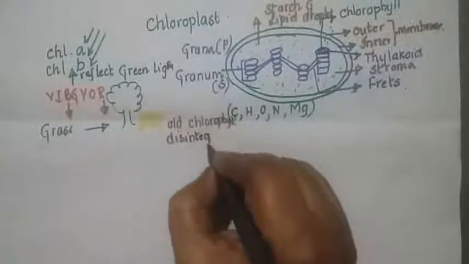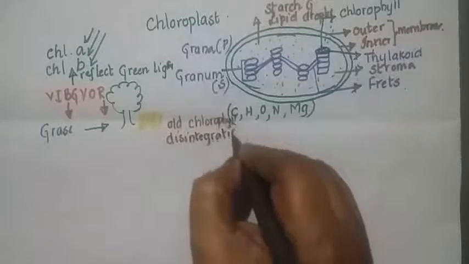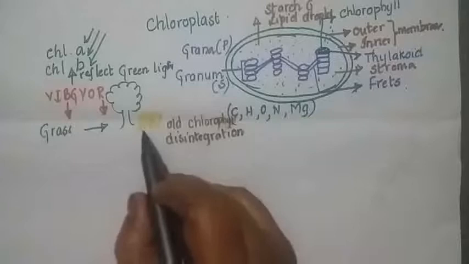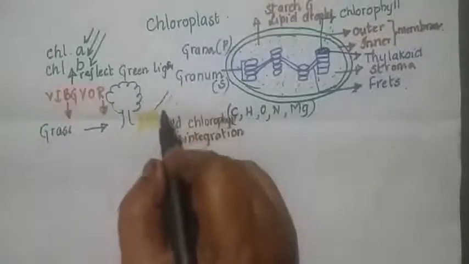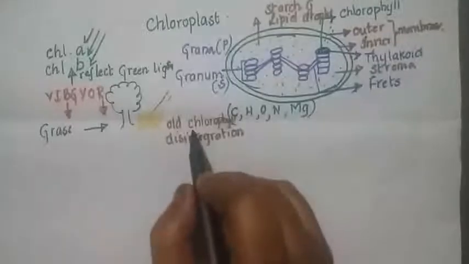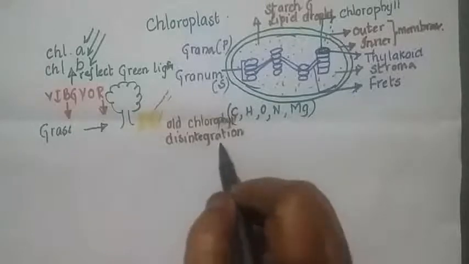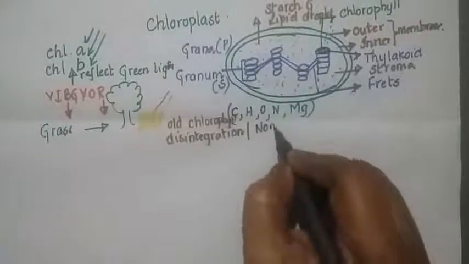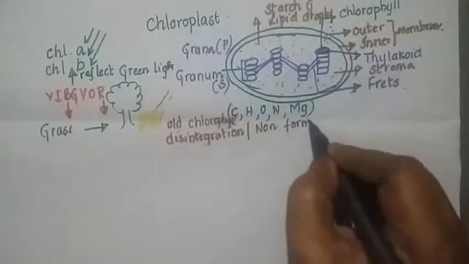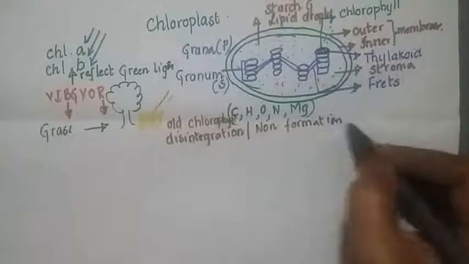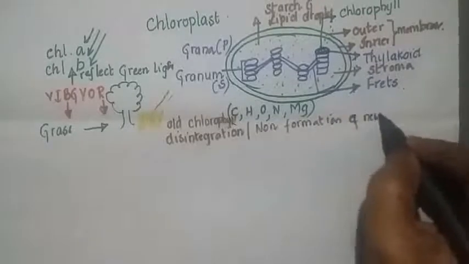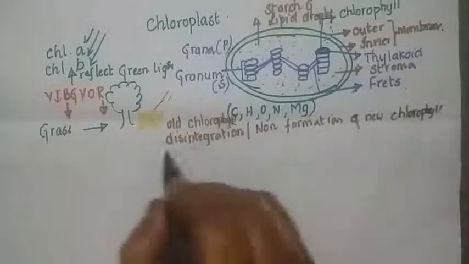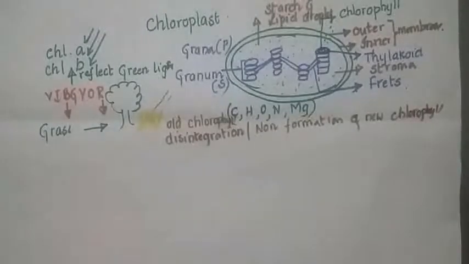What is the meaning of that? Even the earlier chlorophyll which was found in the grass, since it is not exposed to the sunlight, will undergo disintegration and there is no formation of new chlorophyll also.